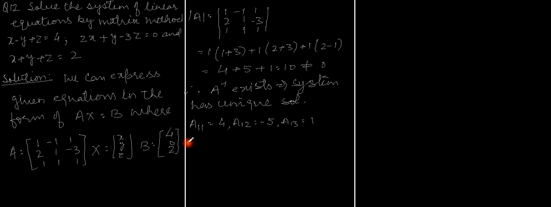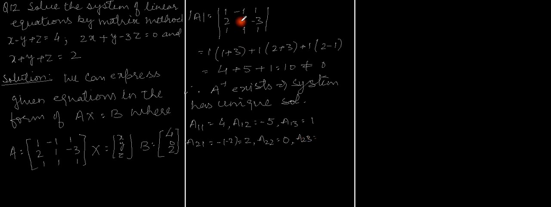Similarly, we find A21. A21 means second row, first column. This is minus 1, minus 2. But in A21 we have a minus sign, so it is minus of minus 2, that is 2. A22, hide the second row and second column. 1 minus 1, that is 0.